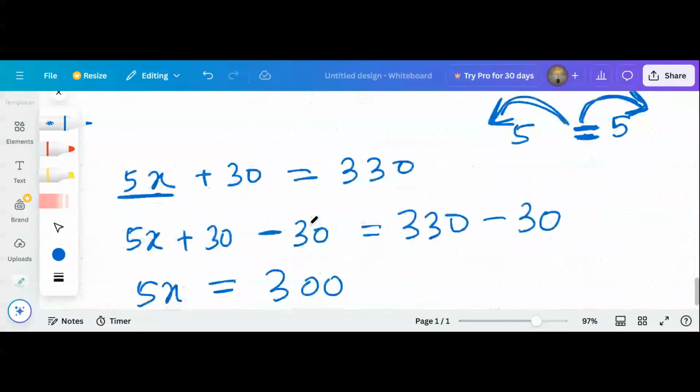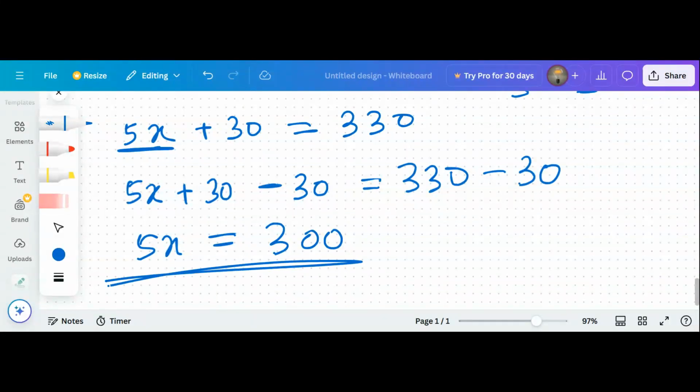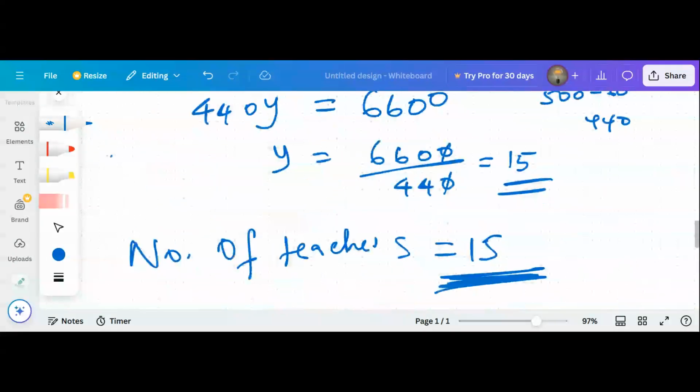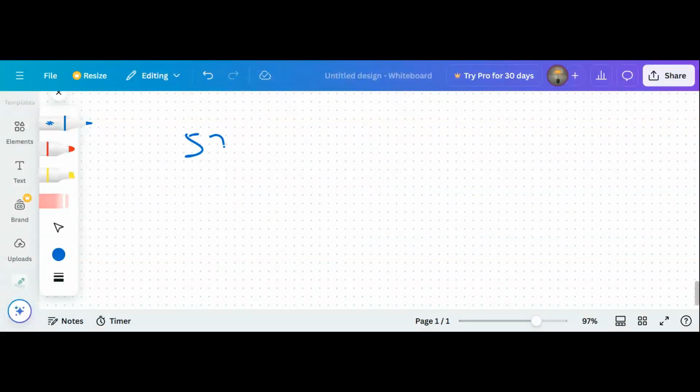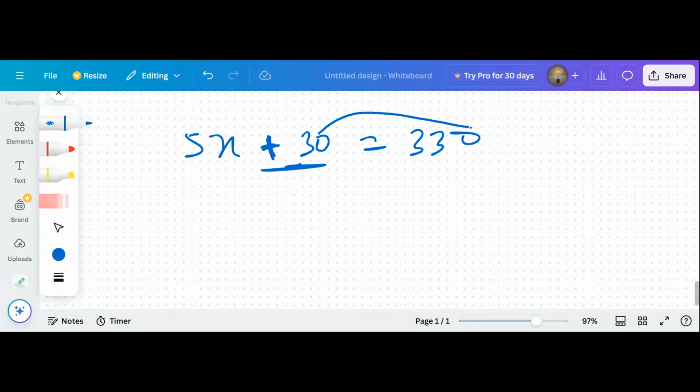Actually, for easiness, here it is getting added, right, plus 30. So if you want to, you can take this to the right side. Here it is getting added, so you have to put minus 30.